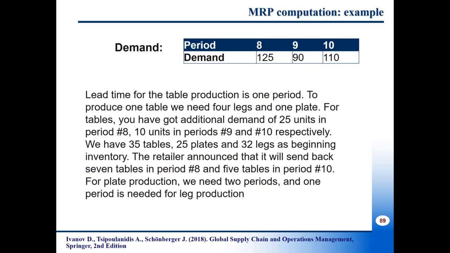We have 35 tables, 25 plates, and 32 legs as beginning inventory. The retailer announced that it will send back 7 tables in period 8 and 5 tables in period 10. For plate production, we need 2 periods, and 1 period is needed for leg production.